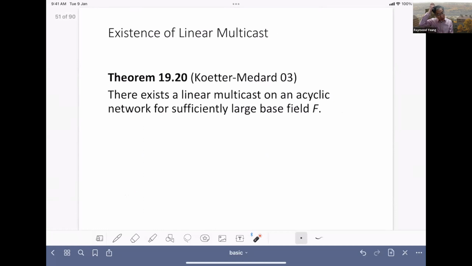Okay, now here I'm going to prove for you the existence of a linear multicast. There are different approaches for doing that, but I find that the simplest way is the way first used by Koetter and Médard. This result says that as long as you use a sufficiently large finite field, then you can always construct a linear multicast.